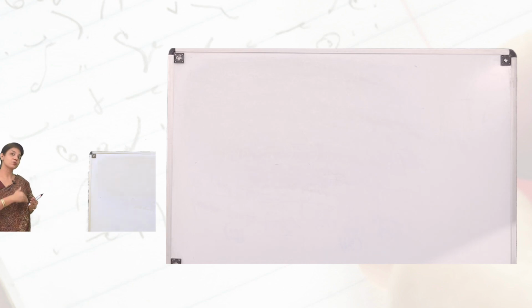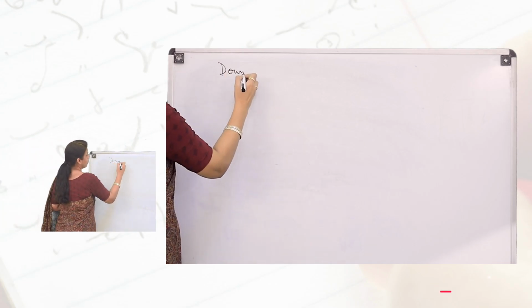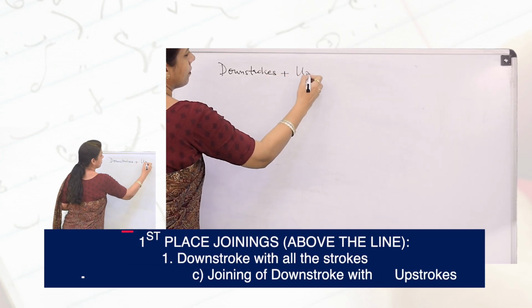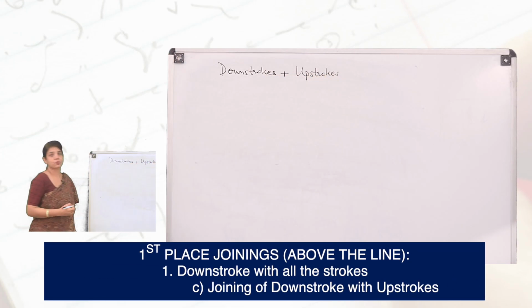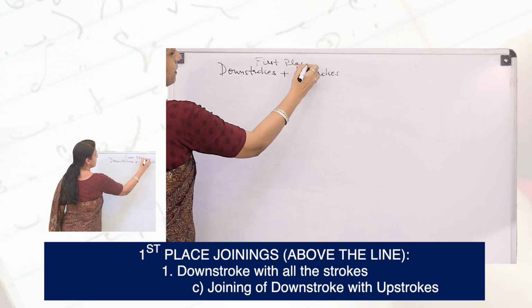Now we have to do downstrokes with all. We have done downstrokes plus downstrokes, downstrokes plus horizontals. So now downstrokes plus upstrokes. Obviously the first place.